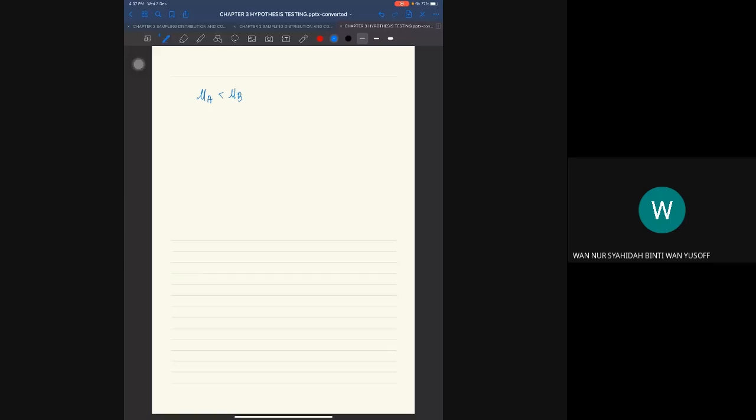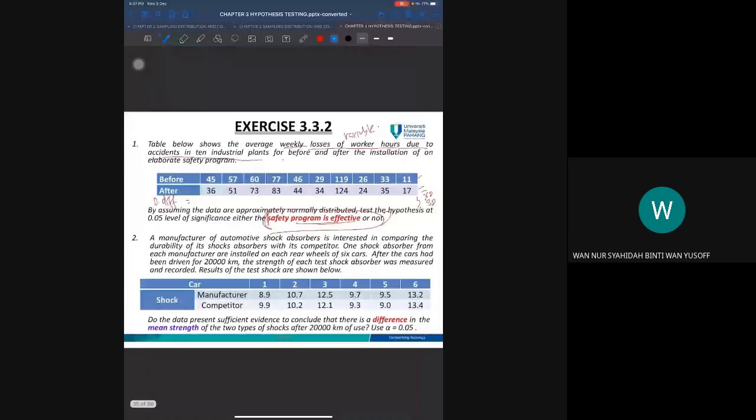So here we have to determine based on the verbal. Same as before, verbal plays an important part in hypothesis. This program will be effective if the workers' hours due to the accident are reduced. So that's why after should be less than before.